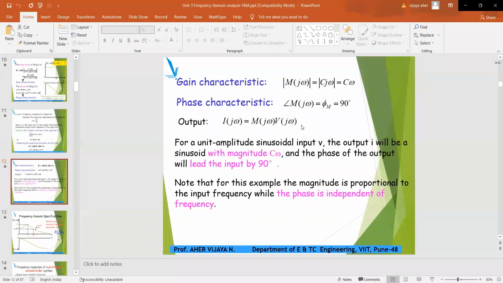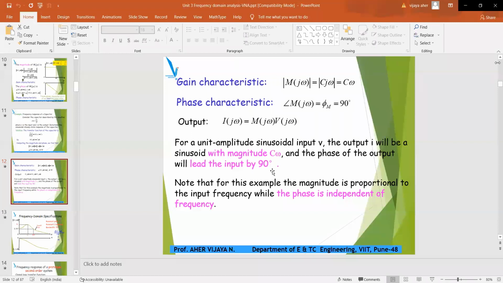Now student, you have to remember these two statements. For a unit amplitude sinusoidal input voltage, the output I will be sinusoidal with magnitude C omega, that you have studied, and the phase of the output will lead that of the input by 90 degree, because it is a capacitor.